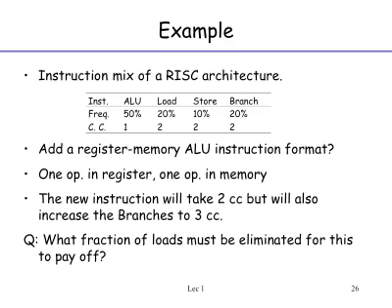And this new instruction will take 2 cycles. But at the same time, because of this new instruction, it will also cause the branch instructions to increase 1 cycle. That is to say, branch instructions now takes 3 cycles to complete. The question is, what fraction of loads must be eliminated for this to pay off?